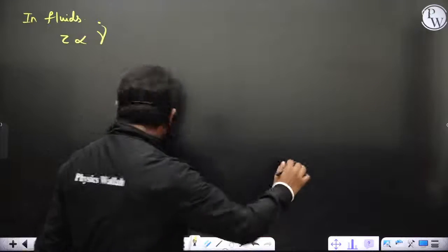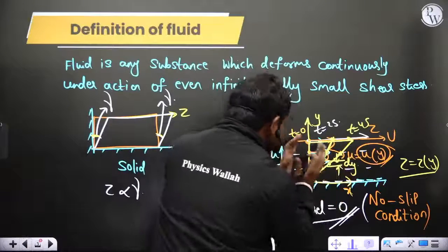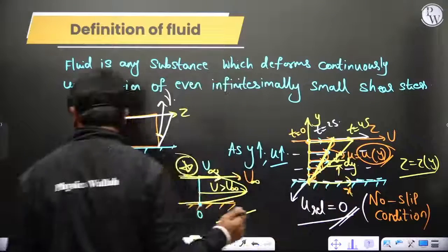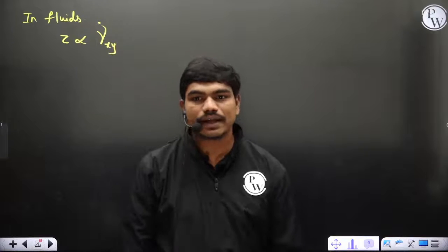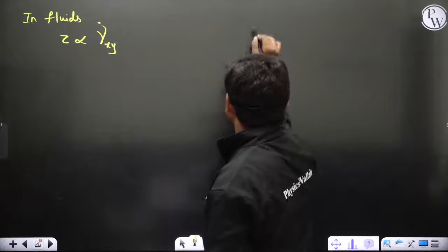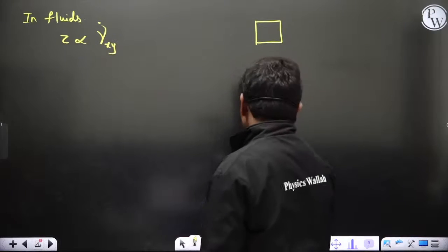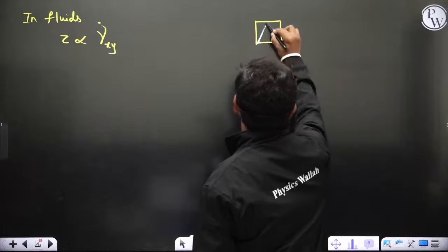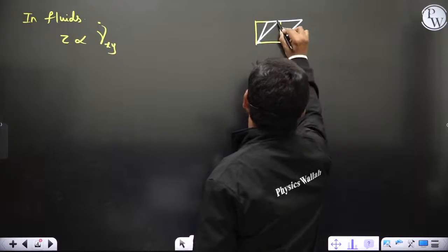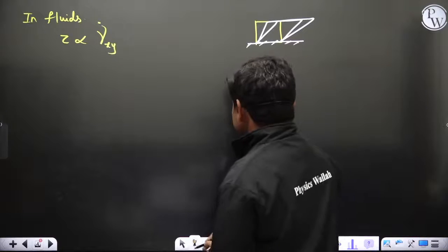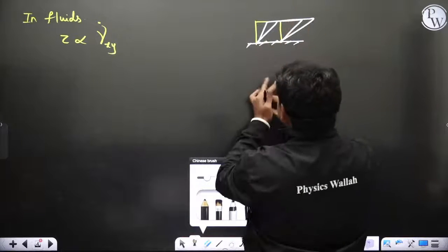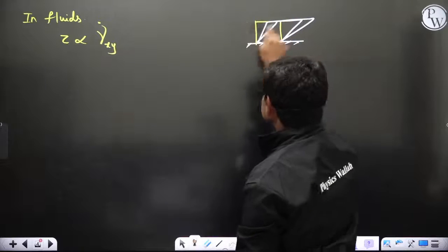And let us suppose this is xy, then the rotation in the xy plane is about this axis, z. So we write this as the shear strain rate in the xy plane, okay? Because if you take a fluid block, for example, and this fluid block is deforming in this direction with respect to time, okay? So like this, then this rotation of the faces is about this axis and this rotation is happening in the xy plane.